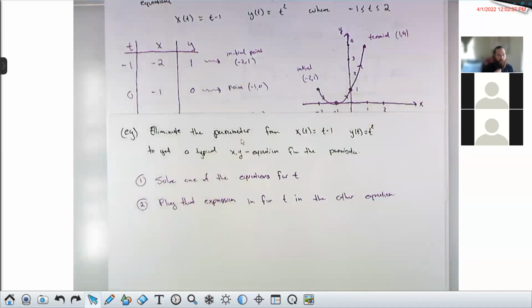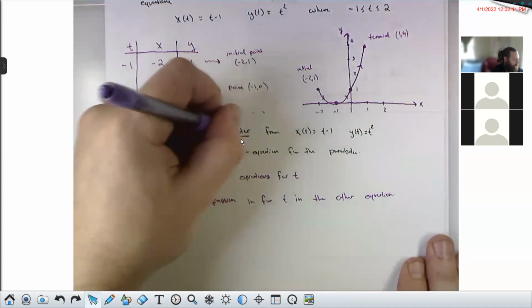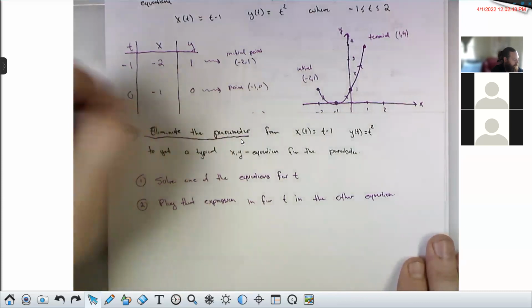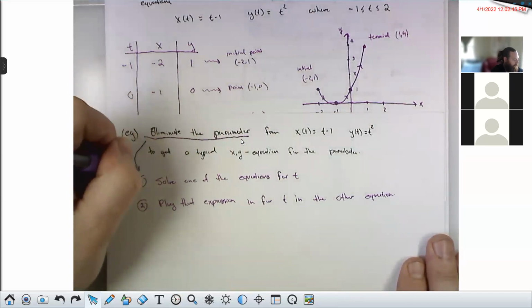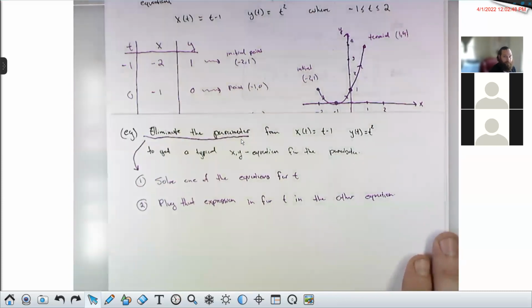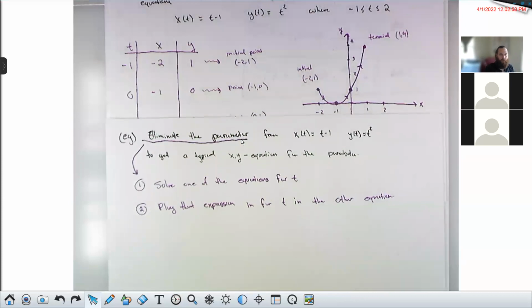Those are your steps to eliminate the parameter. If your parametric equations involve trig functions, then solving one of the equations for t is generally not the move. You'll want to use some trig identities, and that's why we're going to look at the other example also.